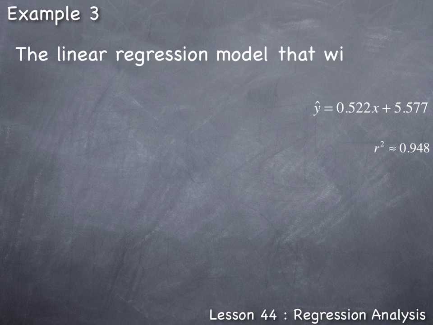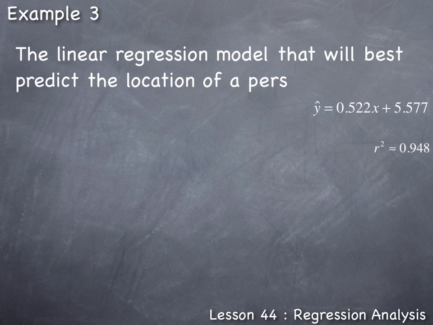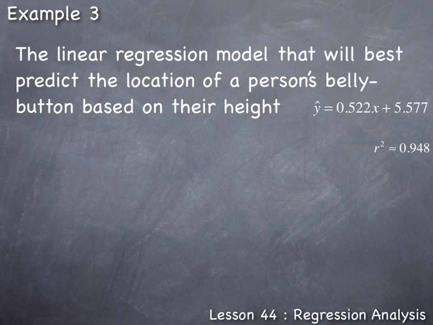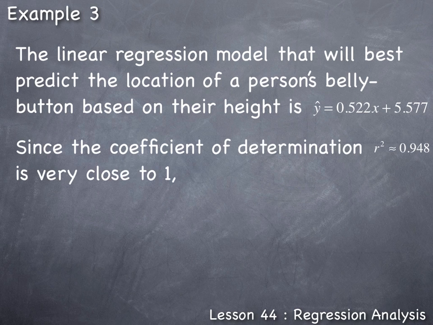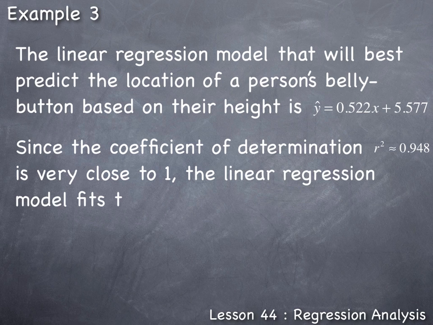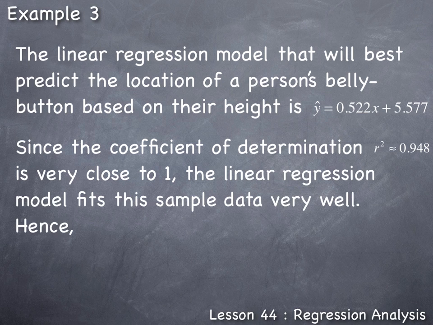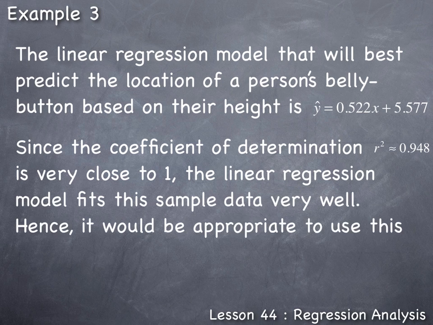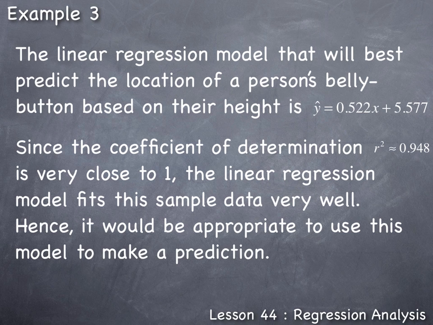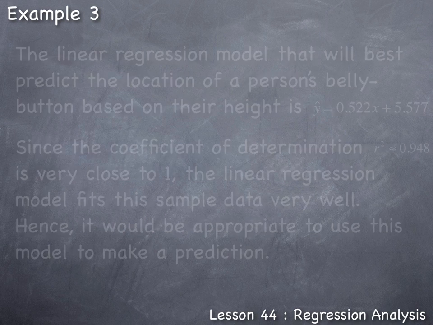The linear regression model that will best predict the location of a person's belly button based on their height is y hat equals 0.522 times x plus 5.577. And since the coefficient of determination, r squared equals 0.948, is very close to 1, the linear regression model fits this sample data very well. Hence, it would be appropriate to use this model to make a prediction.